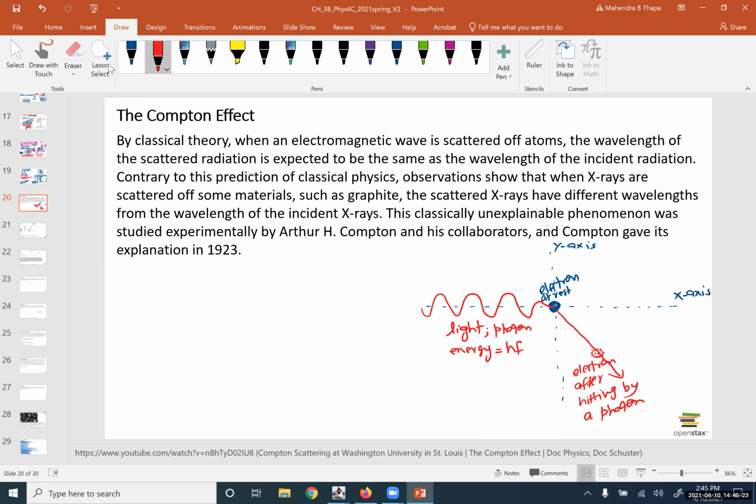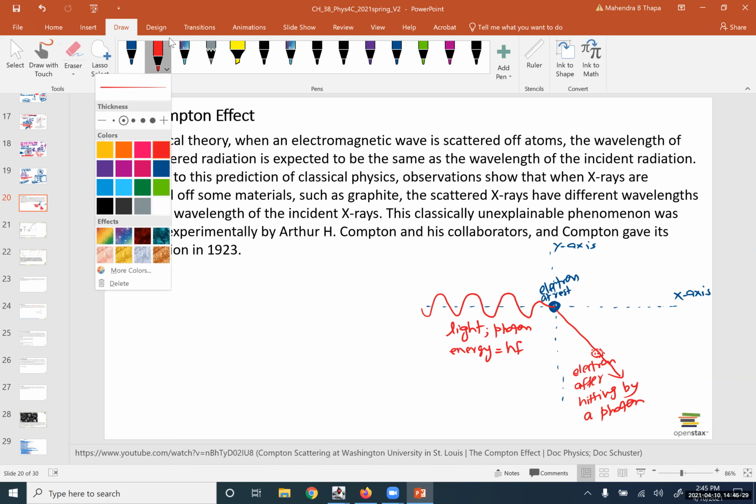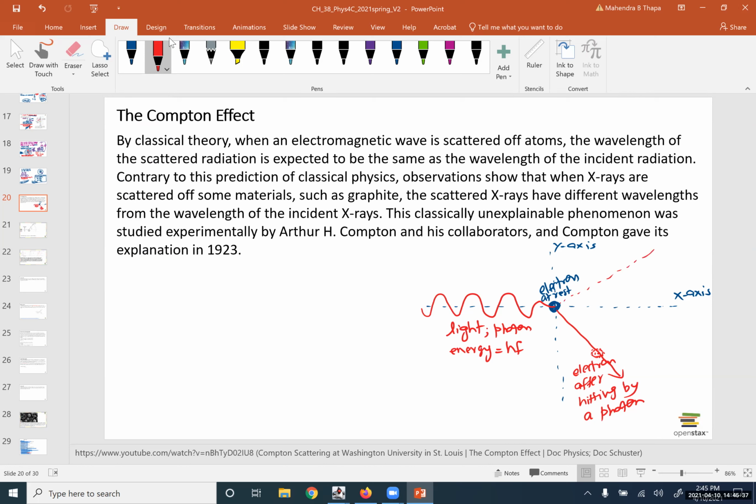The photon is also deflected, going in some other direction, making an angle theta.